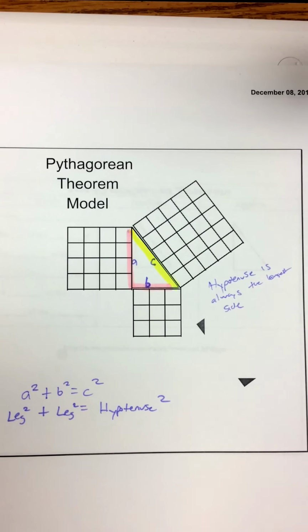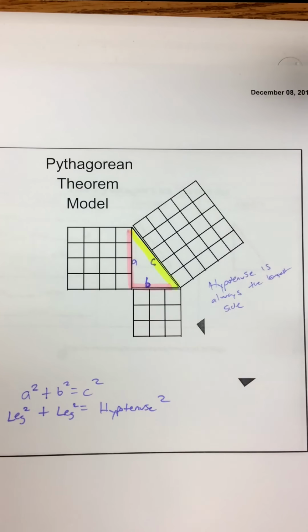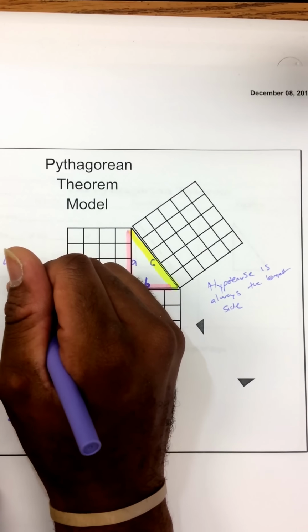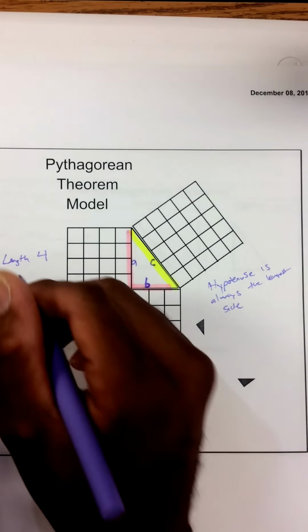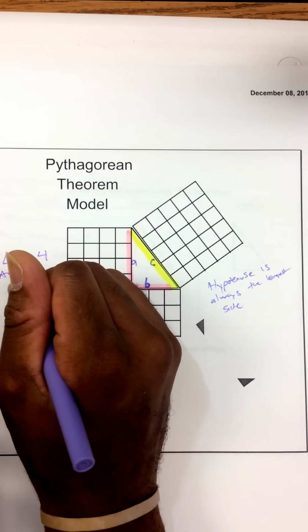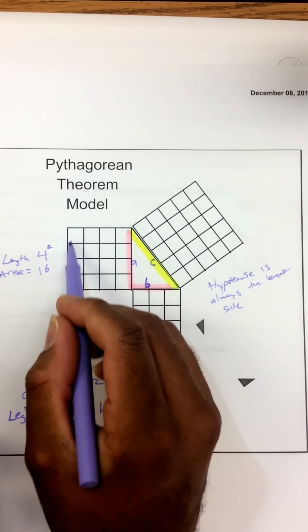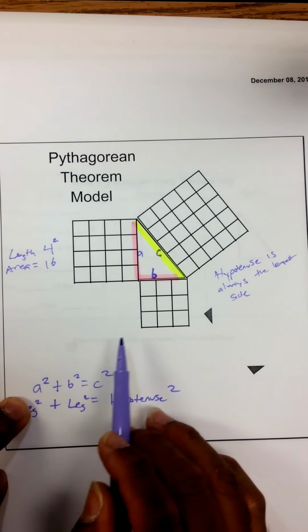Okay? So the way we do things is, for this, for instance, we count the units. So this is 1, 2, 3, 4 units. So we see that that has a length of 4, which means that the area of this is 16, because if I square that, I get 16. All right. The same with this right here.